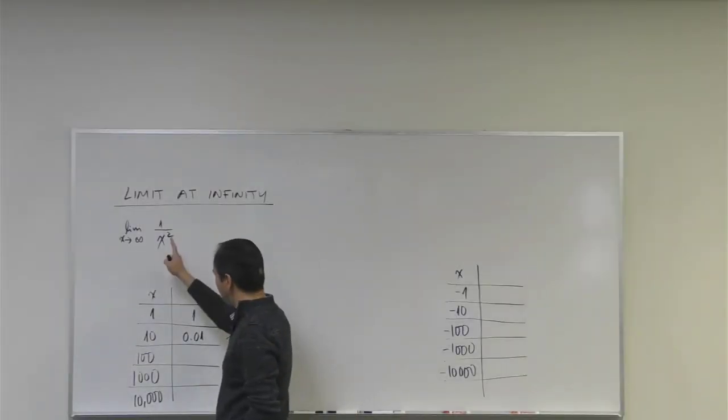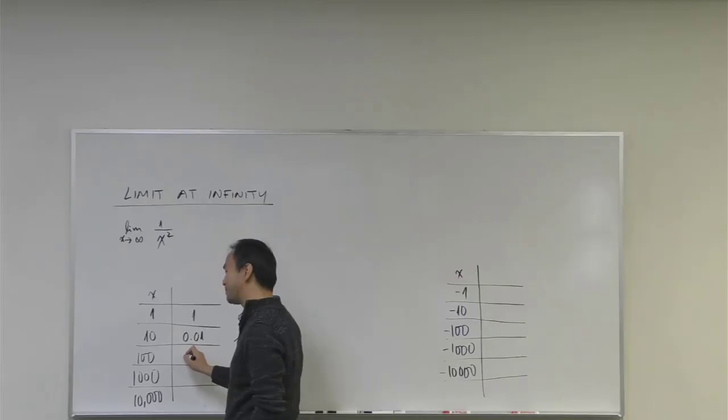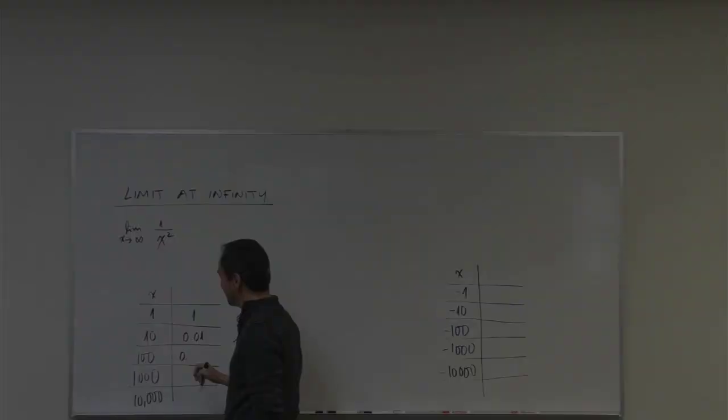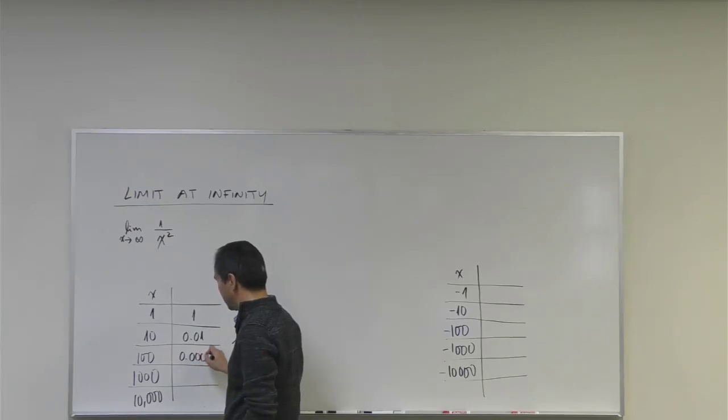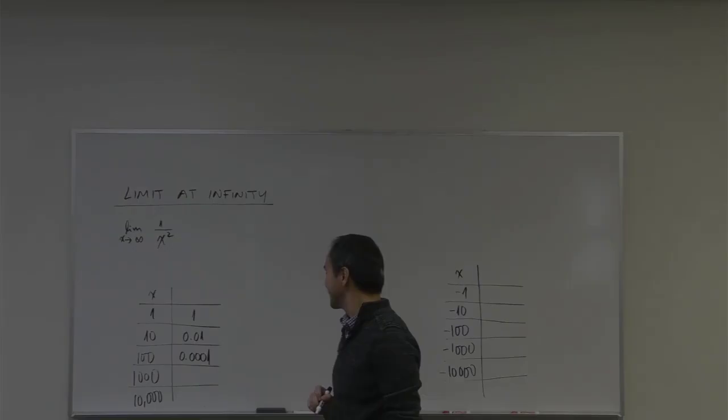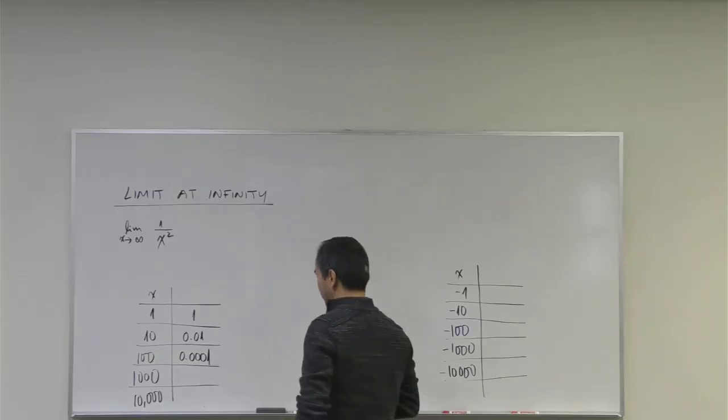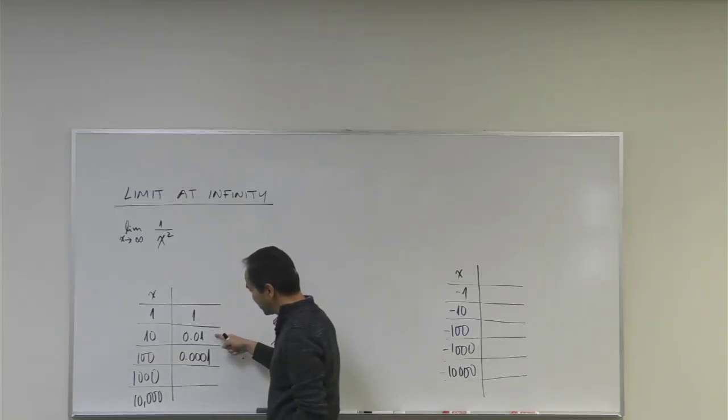Right? Now 100 substituted into the function. Now go ahead and use your calculator and get me that value. Remember, it's 1 over x squared. Should be 0.0001. Right? So these values are still positive, but they get smaller and smaller, right?